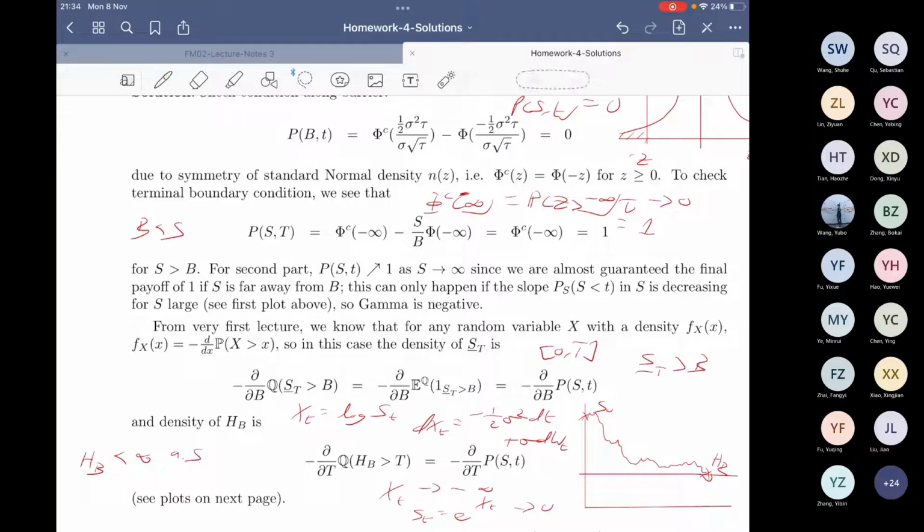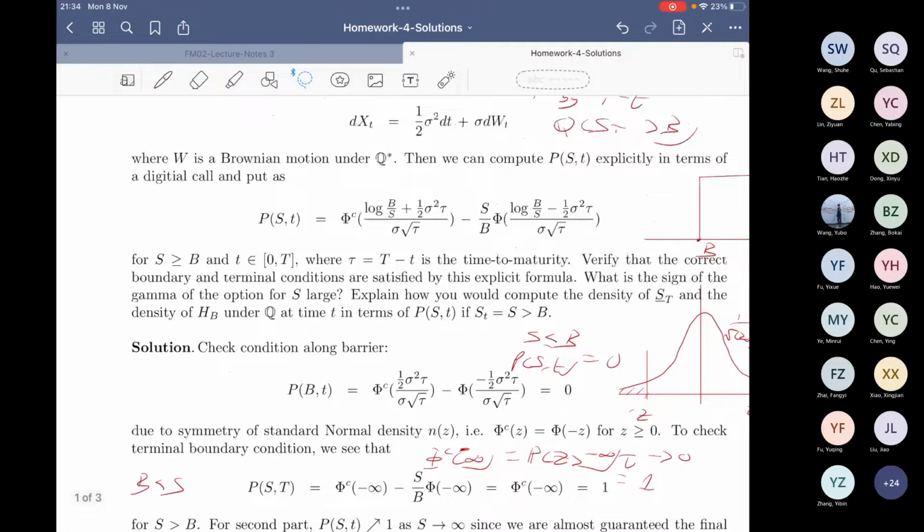And we've just given a way to compute the density of HB. The thing we did before was the density of S bar T. The next part is looking at the density of H bar T. If you want the density of H bar T, that will be d by dt of this expression, because we're still using this general formula from the very first lecture, but now our interest is in HB exceeding a level T rather than S under bar exceeding a level B. However, this event and this event are the same, so we've already derived a formula for this.